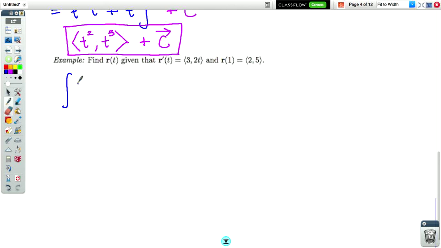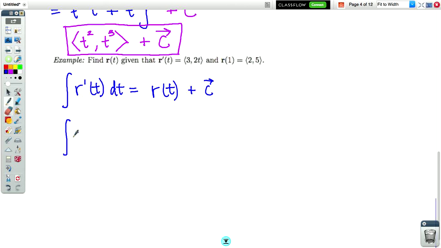So I'm going to take the indefinite integral of r prime dt, which is going to give me r of t, and then I am going to have some constant, so I'll have to figure this out. But let's start.